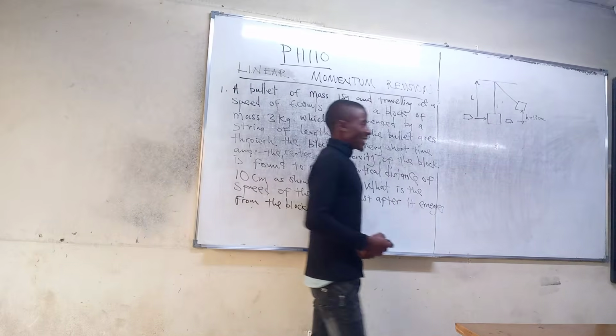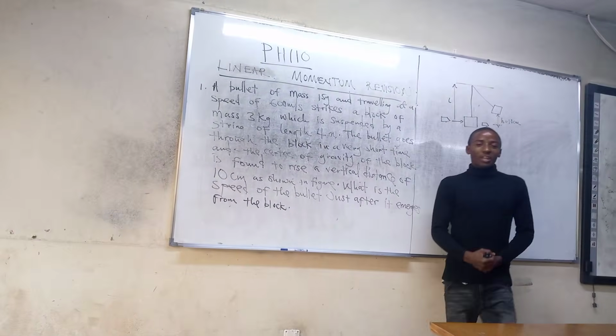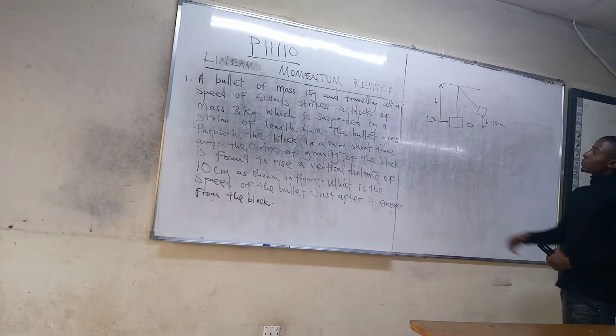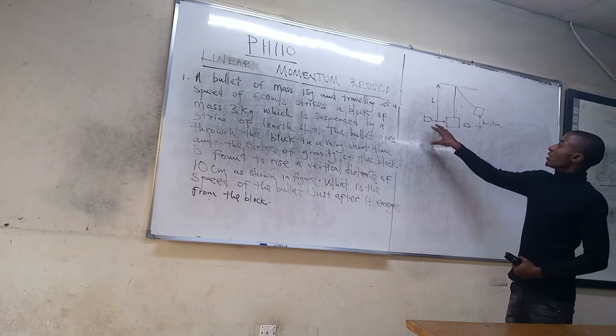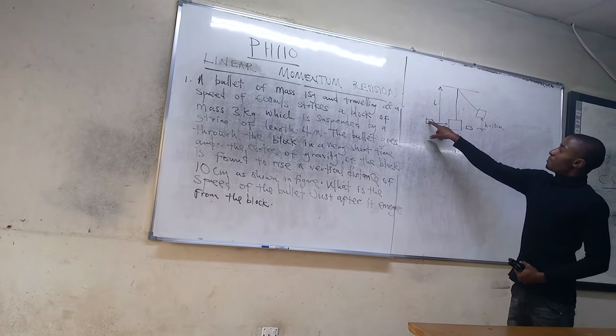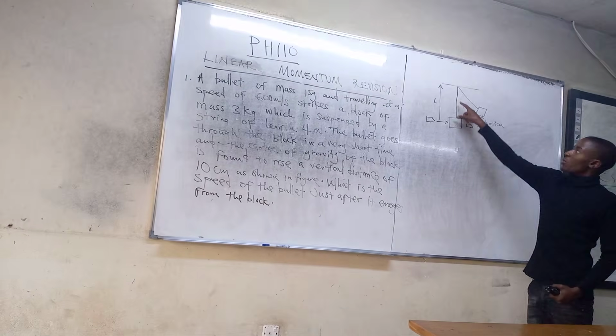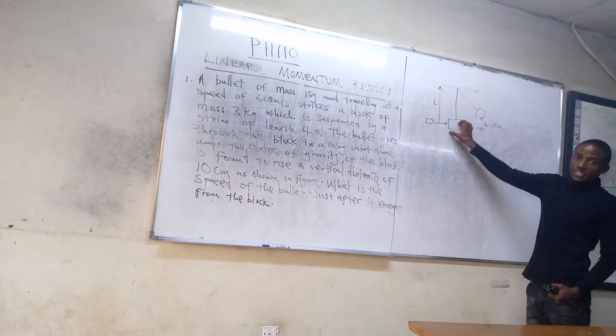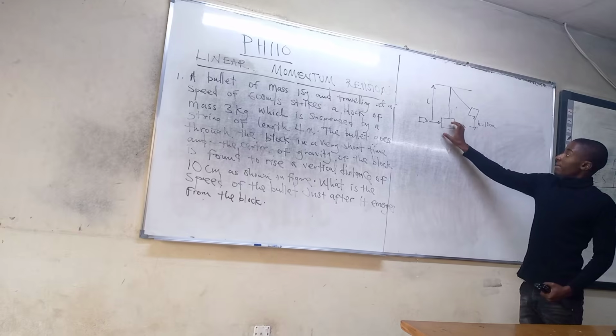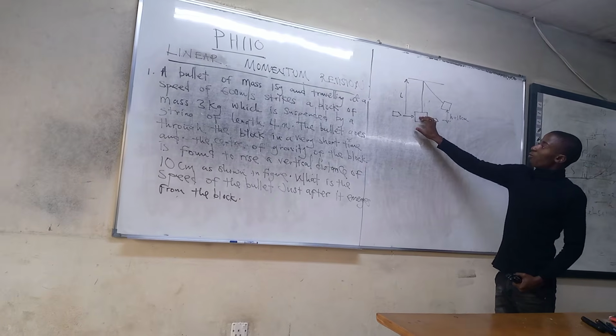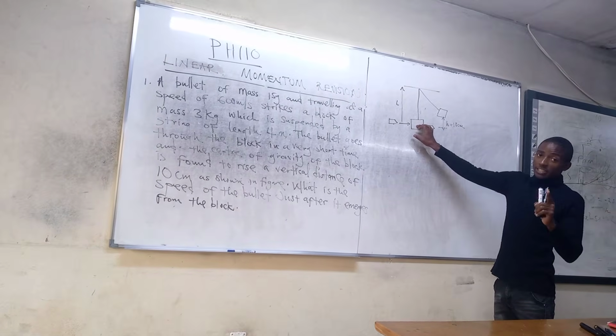What you should understand is that we have two types of collision. So what was happening here? It was a collision. This bullet struck the block that was at rest. It was suspended and it was at rest. Does that make sense? Meaning the initial velocity of this block was 0.